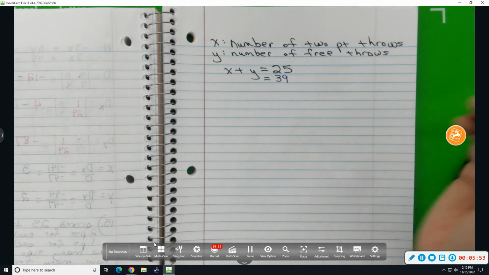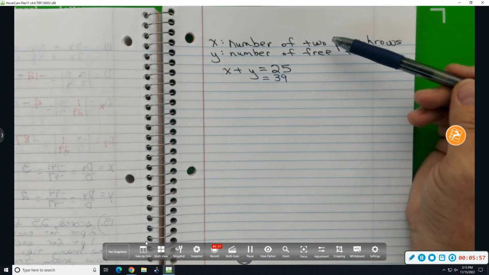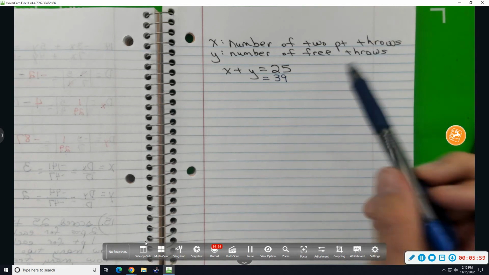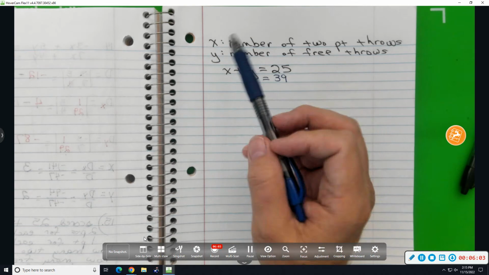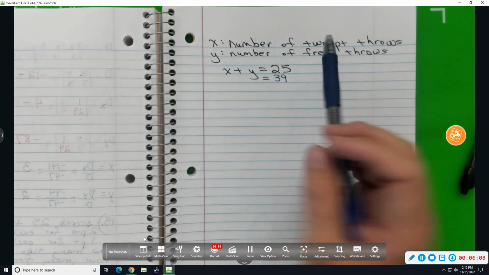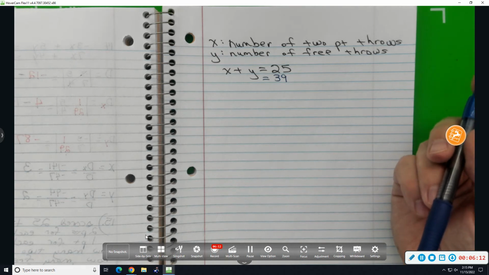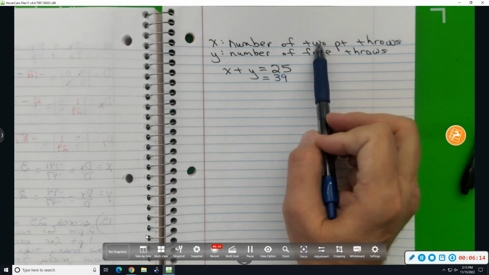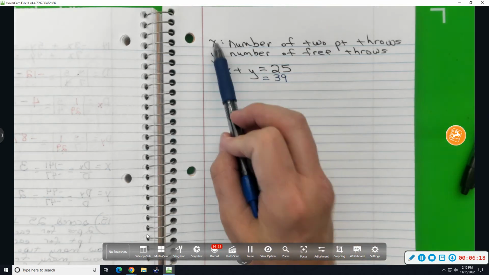Let's figure out how many points she got from the 2-point throws. She scored X throws at 2 points each. Suppose she had thrown 10 2-point throws. What's the total number of points she got from those 10 throws? 20. You take the number of points per throw times the number of throws.